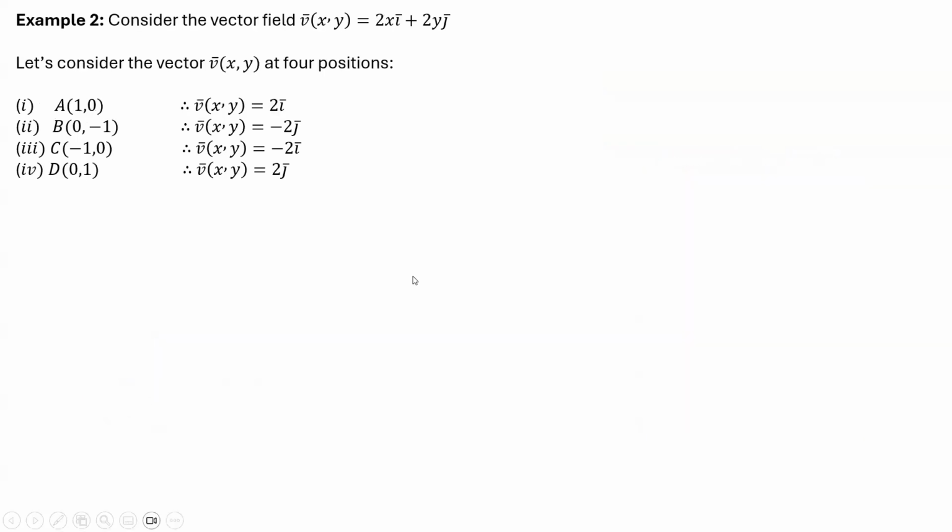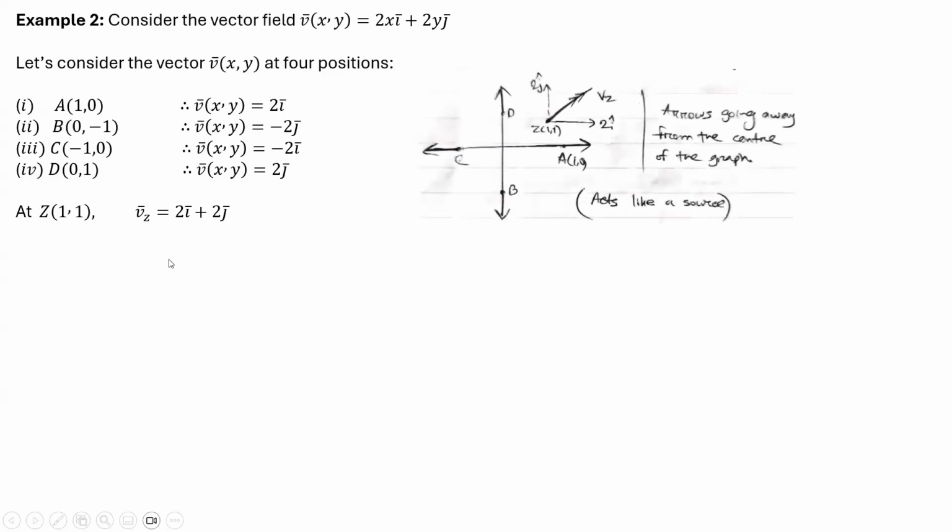Next, let's say another vector field, which is 2x i cap plus 2y j cap. Similarly, we'll consider four positions and we will get these values. For better accuracy, we will take another point, which is this one, and then we can get something like this.